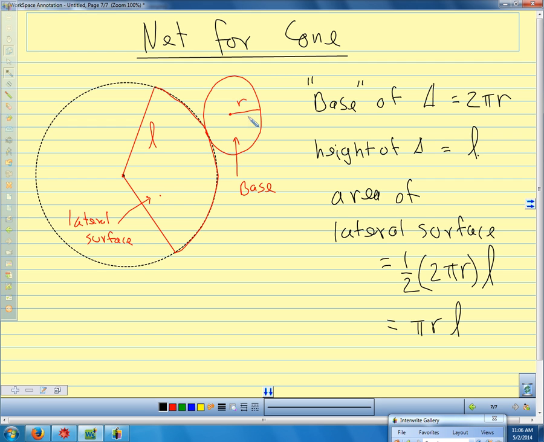So just like we did for pyramids, we add the area of the lateral surfaces, the triangle, and here the triangle is kind of curved, plus the area of the base. So that's where our formula comes from.